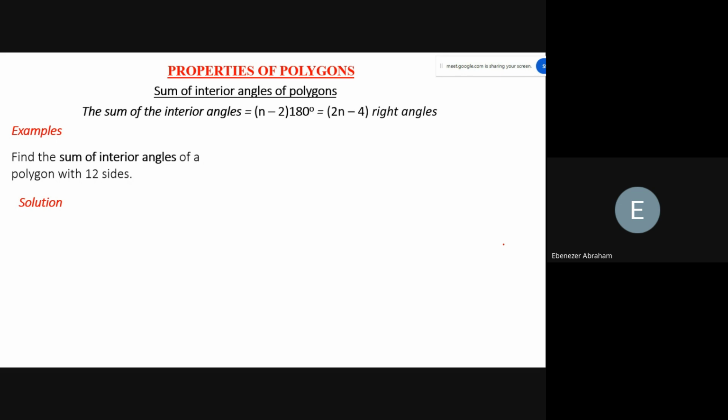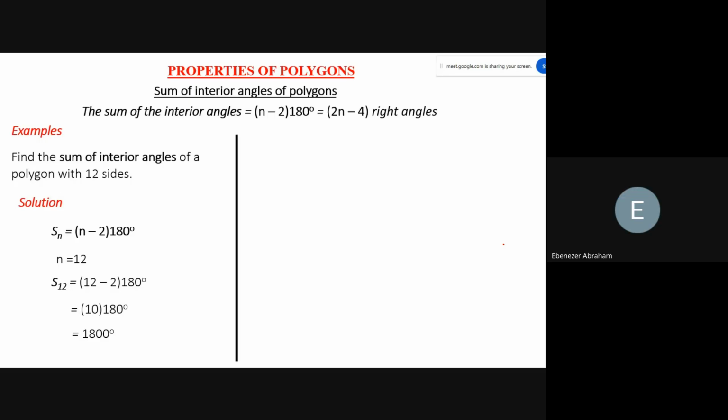What will be the answer? 1,800. Is it 180 or 1,800? Yes, 1,800 degrees. Don't omit the degrees.